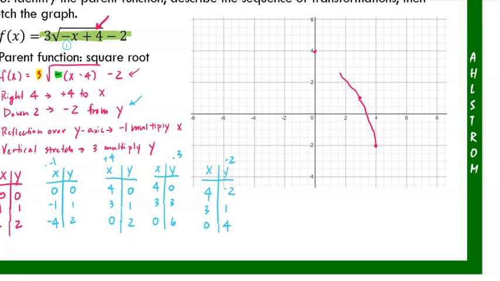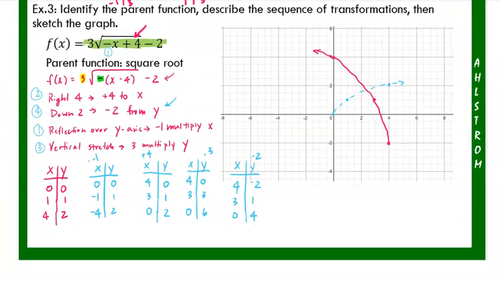Try to do it as best as you can. Just like that. Okay, if I draw the parent function, 0, 0, 1, 1, and 4, 2, there's the parent function.